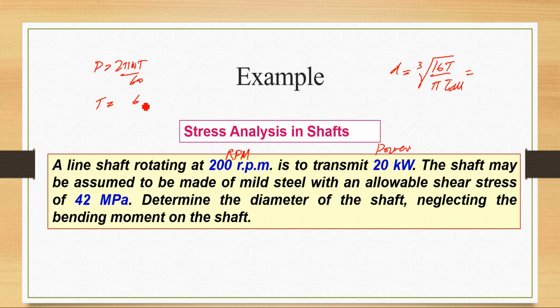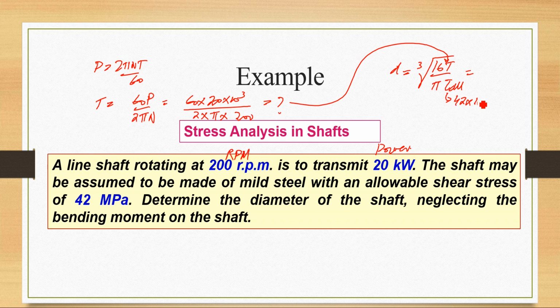So torque can be defined as 60 P over 2 pi N. So we have 60 into the power, which is 20 kilowatt, which is 20 times 10 to the power 3, divided by 2 into pi, and you have to put the RPM, which is 200. Whatever the answer is, you have to put that value right here, and the allowable stress is 42, so you have to write this as 42 into 10 to the power 6.